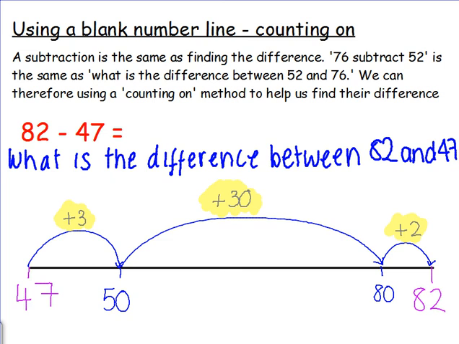Or, in your head, you can just do 30 add 3 is 33, add another 2 is 35. So the difference between 47 and 82 is 35. So therefore, 82 take away 47 is 35.